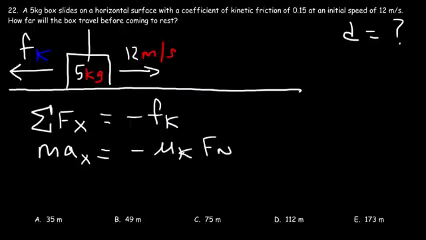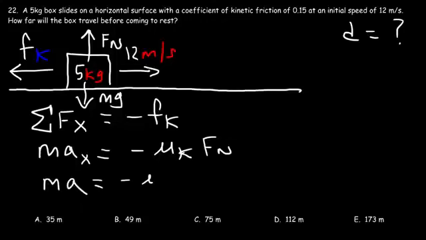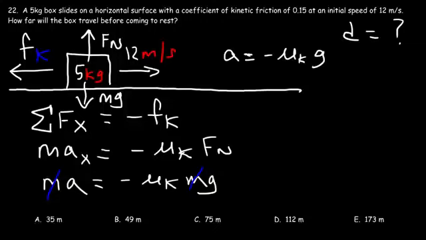Now the normal force has to be equal to the weight force because the net force in the y direction is 0. So we can replace Fn with mg. So therefore we could cancel the mass on both sides. And so the acceleration of this box is negative mu k times g. The acceleration is negative because the box is slowing down to rest.